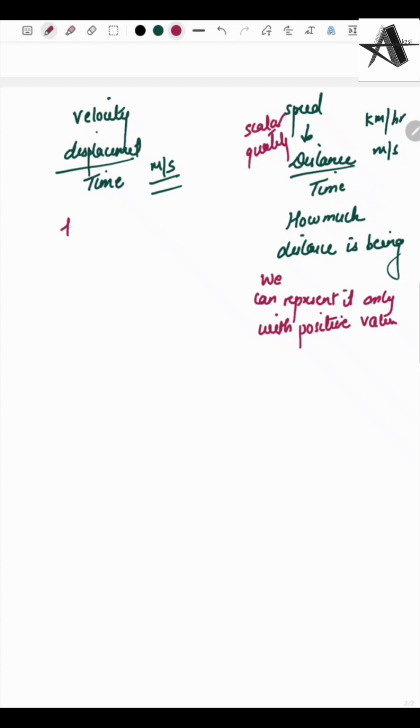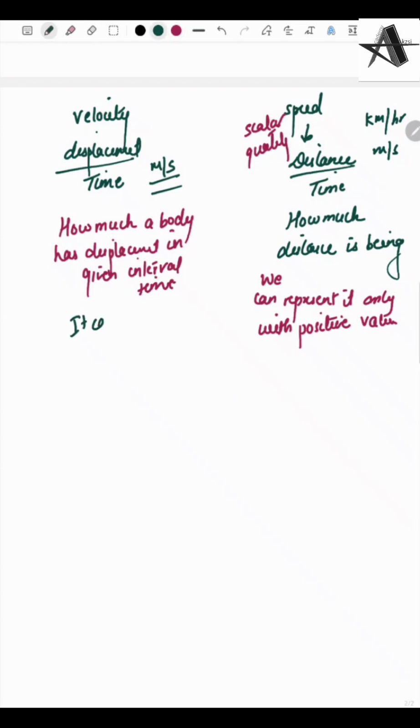That means I can say how much a body has displaced in a given interval of time. Now I can represent it with a negative sign as well, so it can be represented by positive as well as negative signs.